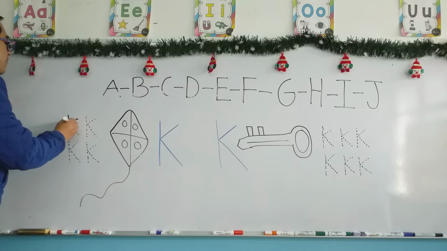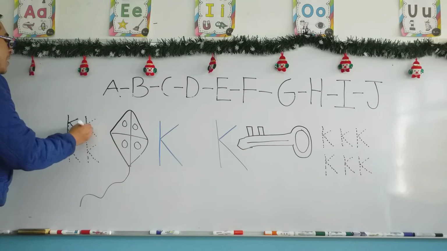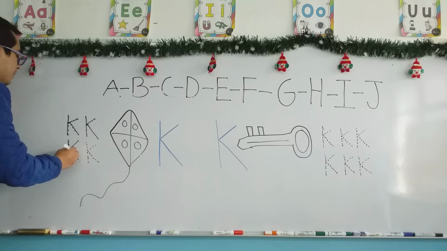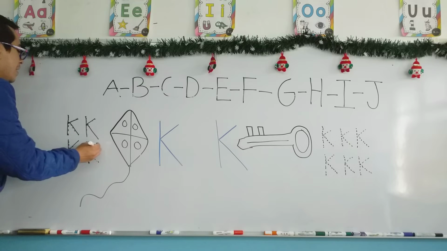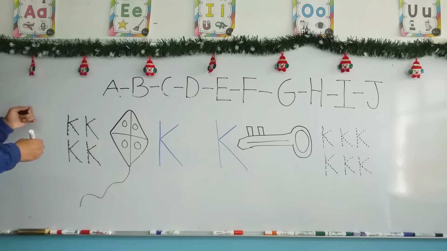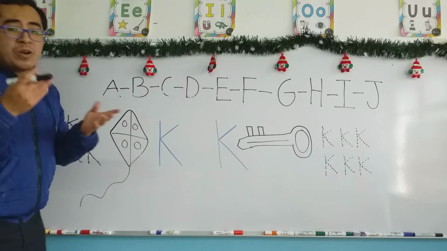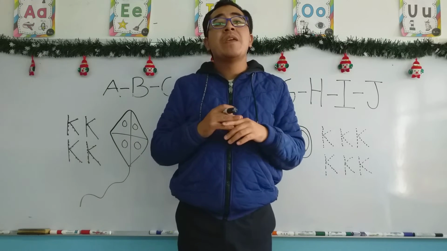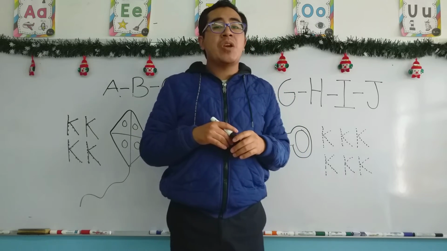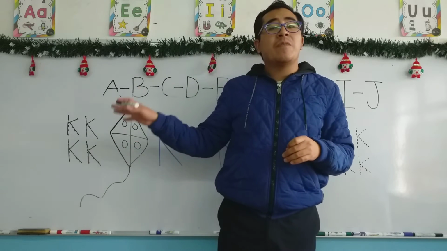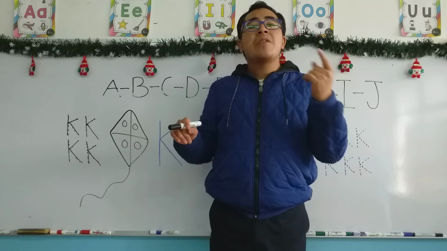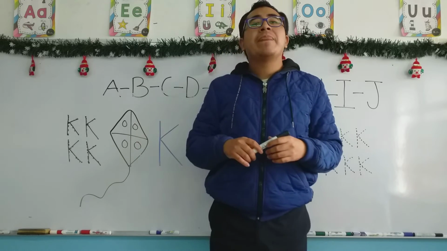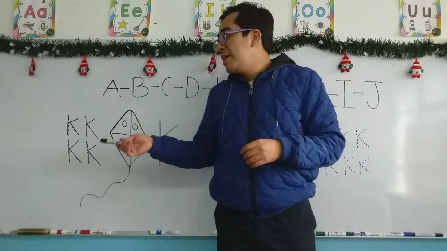Capital K, capital K. Okay? Of course, you have more examples to trace on your activity. Once you have finished tracing all the capital K's of that exercise, then we continue with the second part, which is painting the object, in this case, kite.